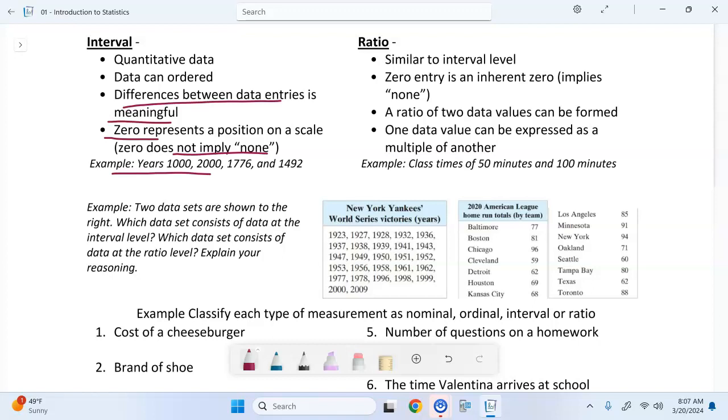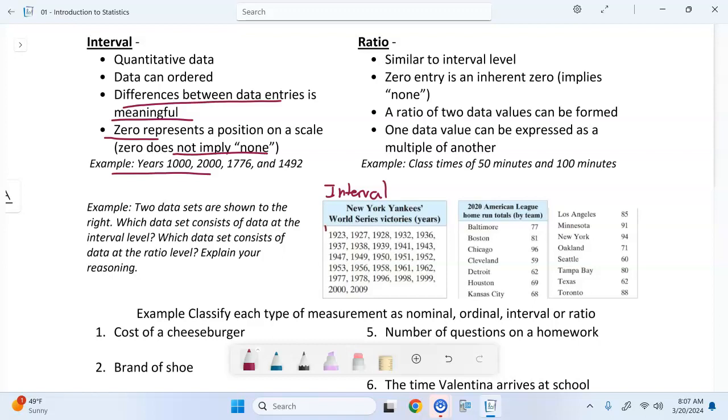So the years for the interval, why? Okay, because it's number of years, interval. And there's a meaningful difference, okay? And this is the part where we're going from ordinal to interval: there's a meaningful difference between the years.